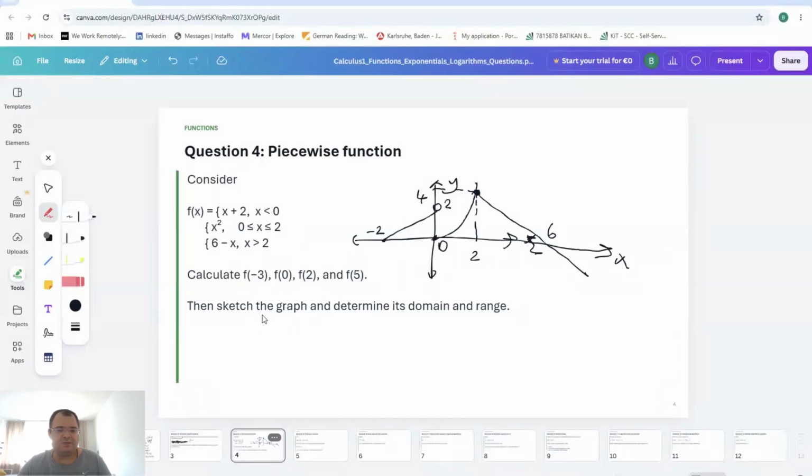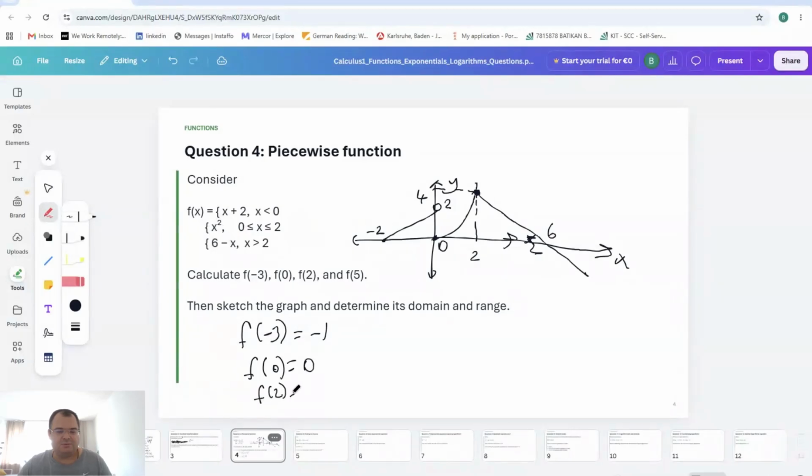For the calculations, let's calculate f when x equals minus 3. It is essentially using this formula. Because minus 3 is smaller than 0, it is giving us the value of minus 1. And for x equals 0, it has this parabola formula. The value is 0.